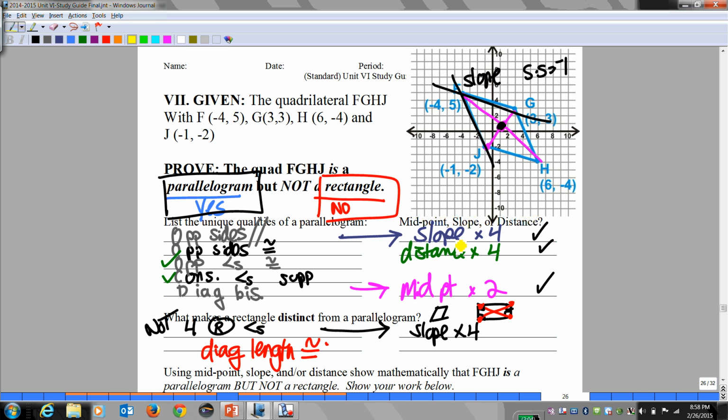Now, you could use slope to show that they're parallel, but then the same slope could show you that they are not perpendicular. And if they're not perpendicular, then you can say it's not a rectangle. Or if you draw in and find the length of the diagonals using the distance equation twice, you could prove it's not a rectangle. So you could use a distance equation twice.